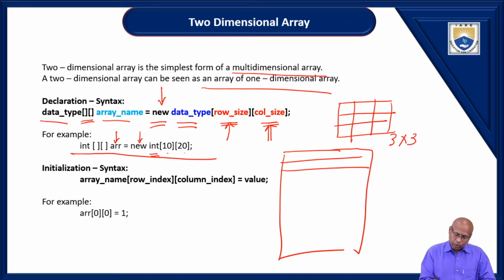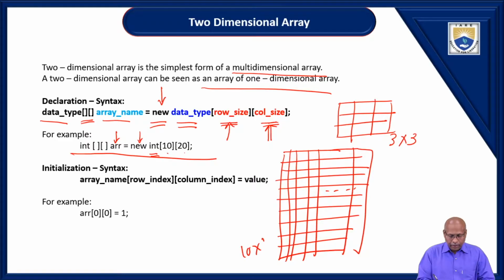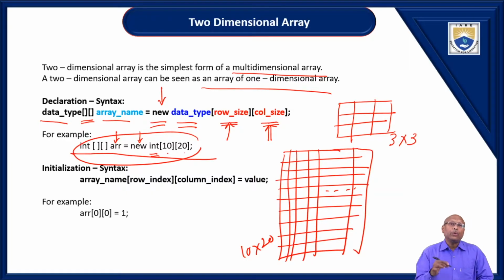This is 10 rows, and like this up to 20 columns. So this is a 10 by 20 two-dimensional array. Once you write this statement, automatically 20 times 10, that is 200 integers, you can store in the array.